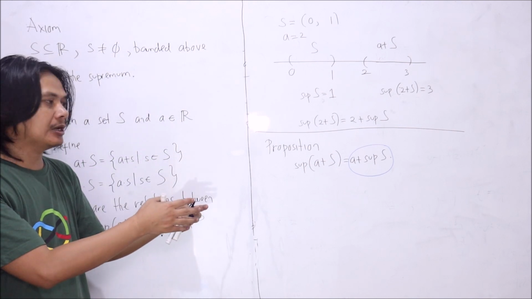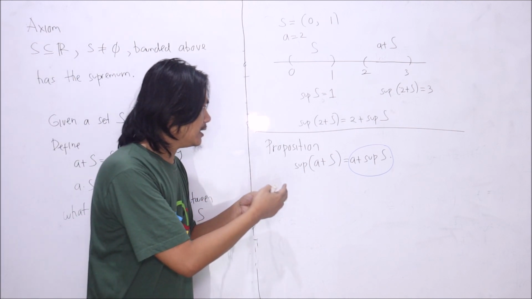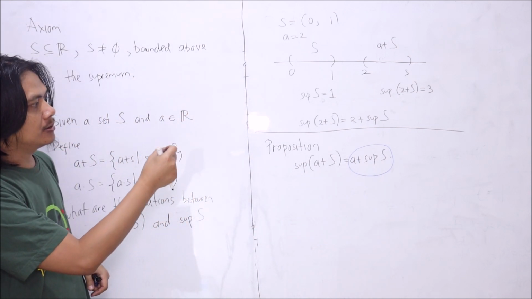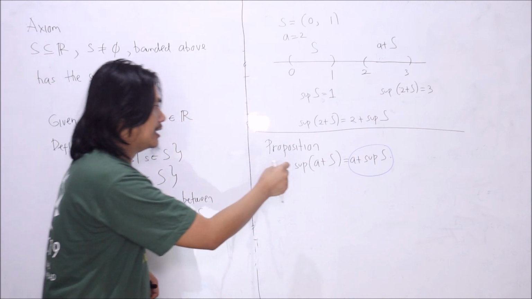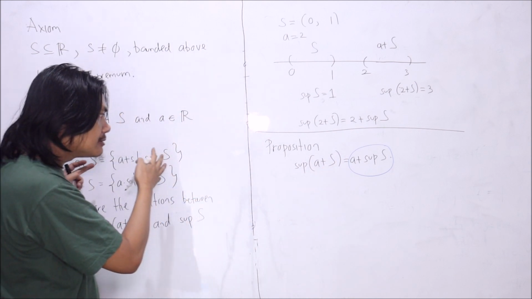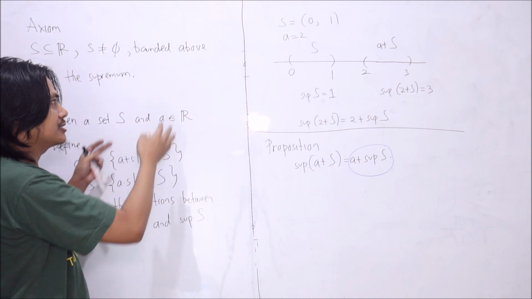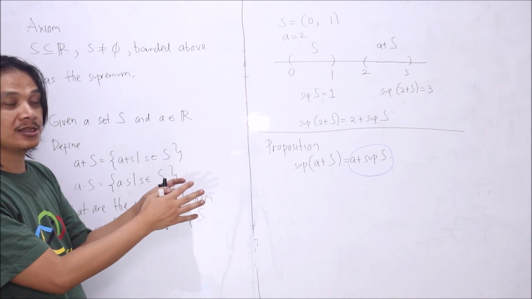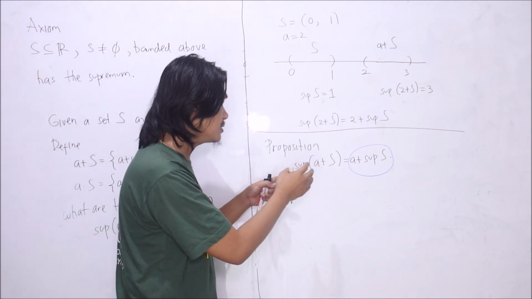Meaning we need to see if this number satisfies the first or the second definition of the supremum. So that's one way to prove this relationship.